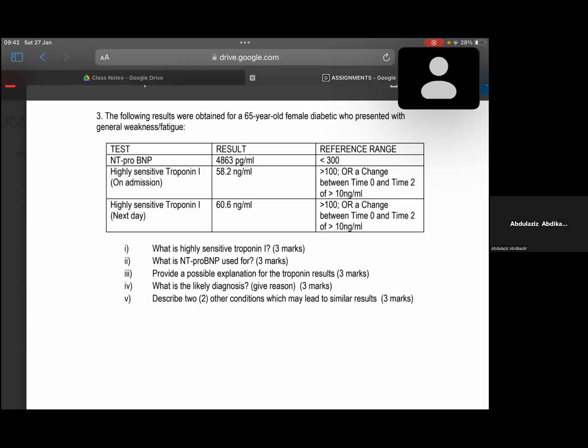Yeah, that one I agree with, the BNP is raised. The natriuretic peptides there are okay. What about the troponin?